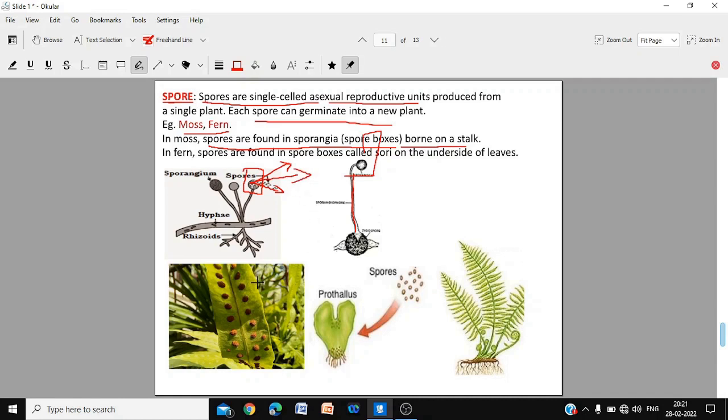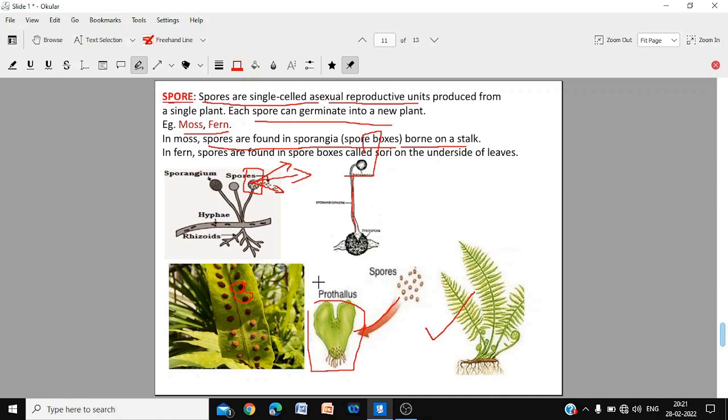We have fern. In fern, on the underside of leaves, you can get red spots. See all these red spots. Each red spot is called a sorus. And these sori indicate that they contain spores. The spores will grow into a baby plant called a prothallus, which will again grow into a fern plant.